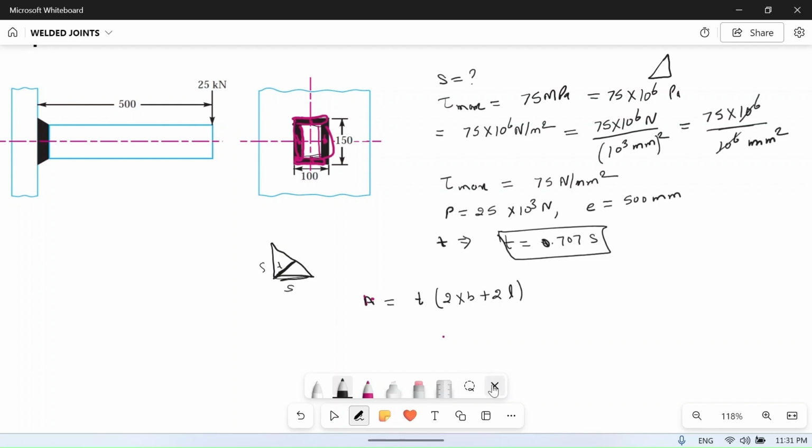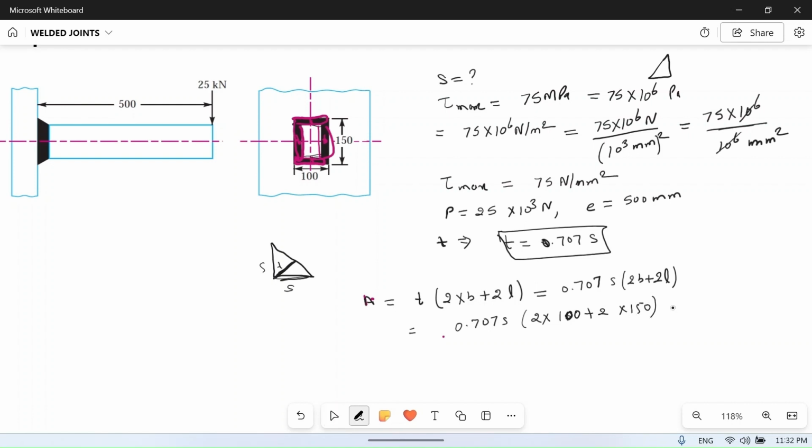So this is like this. Now T is 0.707 S into 2B plus 2L, which will be equal to 0.707 S into 2 into, width B is 100, plus 2 into 150, so it will be equal to 353.5 S mm square.